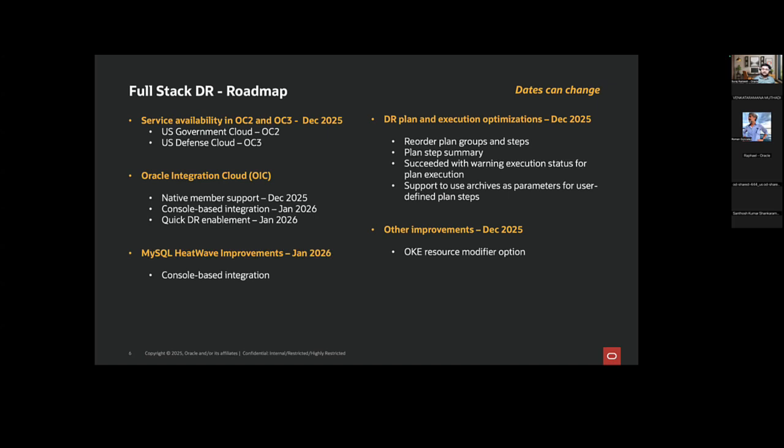And the last one is with respect to the user-defined group. If you have used the user-defined group, there are two ways you can pass your script. One, you can use a local VM instance and put your script in the local folder. The other way is through object storage. With this feature, for object storage, you can specify an archive file.